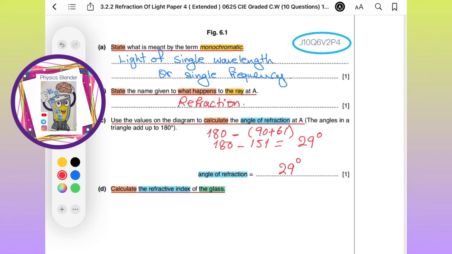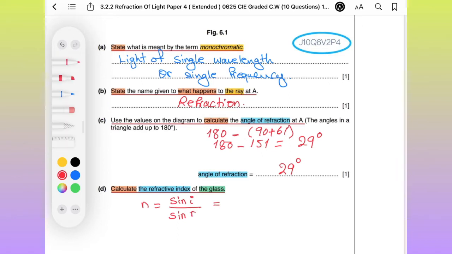Calculate the refractive index of glass. Once you know the angle of refraction and you already have the angle of incidence, it's very simple to apply Snell's law. Since you have the angle of incidence in air, you can use the simplest form of Snell's law, which is sine of the angle in air over sine of the angle in the glass.